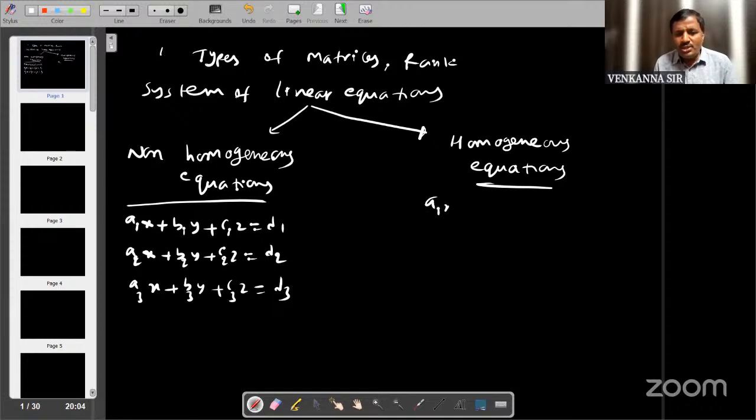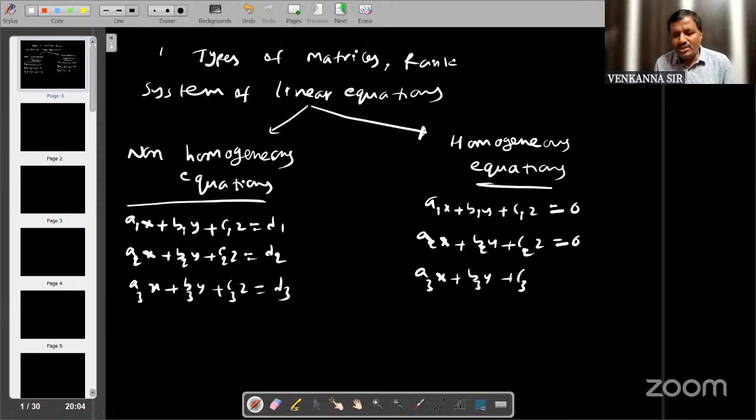And homogeneous is a1x plus b1y plus c1z is equal to 0, a2x plus b2y plus c2z is equal to 0, a3x plus b3y plus c3z is equal to 0. See, if at least one of the d1, d2, d3 is non-zero, then it comes under non-homogeneous. If all are zeros, it is homogeneous equations. So two types of linear equations: non-homogeneous and homogeneous.